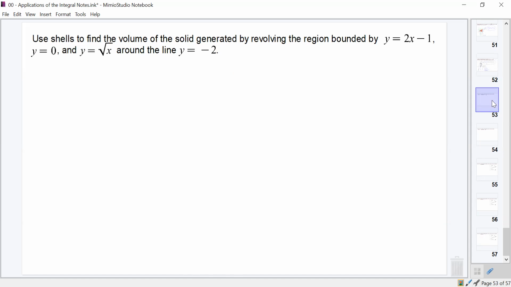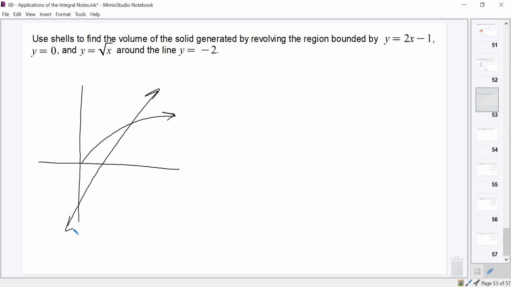All right, so for this next one here, we're going to, again, use shells. We're going to take the region that involves y equals root x, y equals 2x minus 1, and y equals 0. y equals 0 is just our x-axis here.